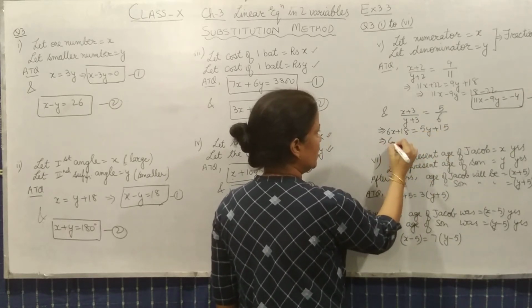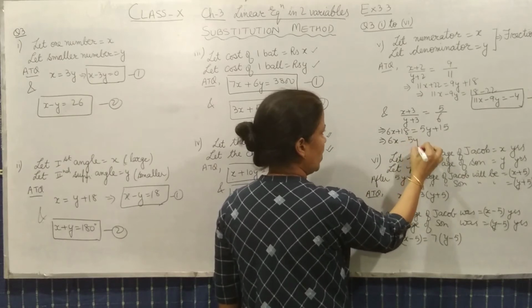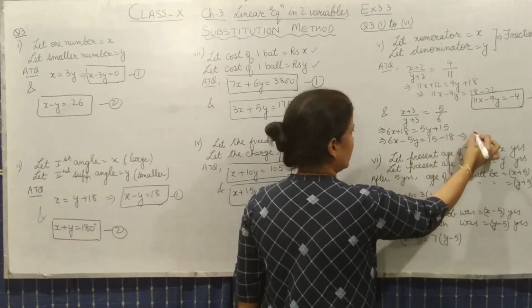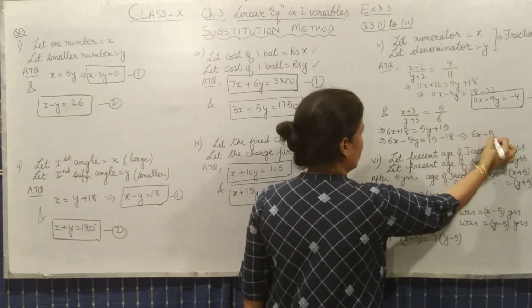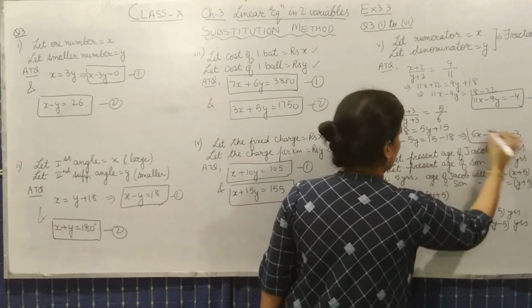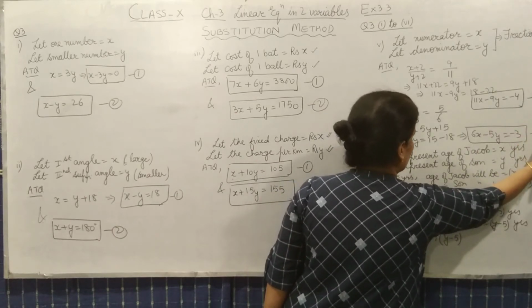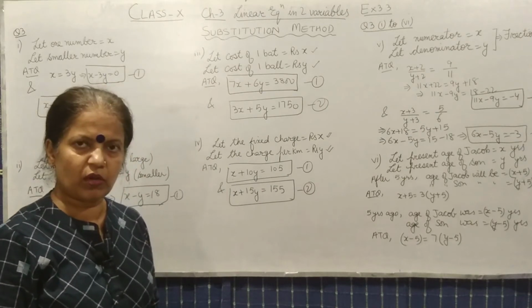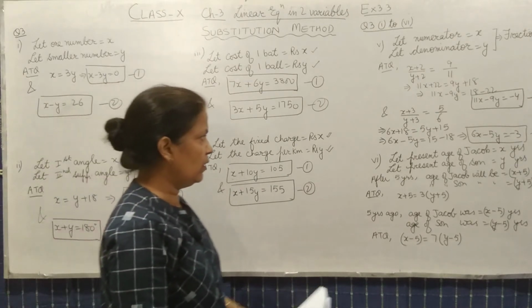Shift the terms: 6x minus 5y equals 15 minus 18. Solving it, 6x minus 5y equals minus 3. So this will become the second equation. Now you can solve both the equations.